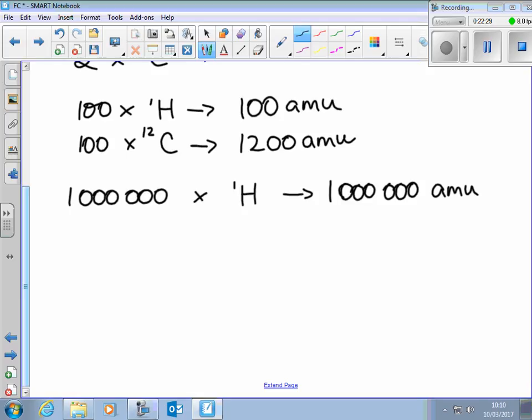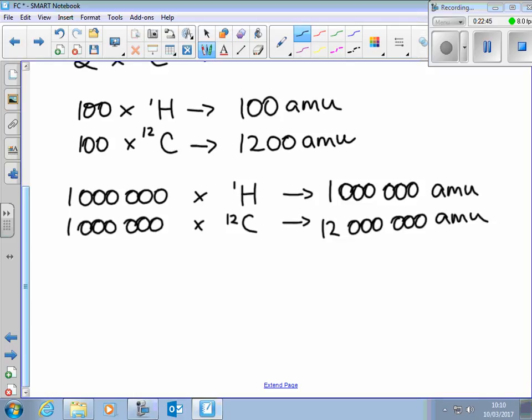And then, as if it wasn't obvious enough, 1 million atoms of carbon-12 are going to have a mass of 12 million AMU. So we're seeing a pattern here because we've still got a ratio of 1 to 12.